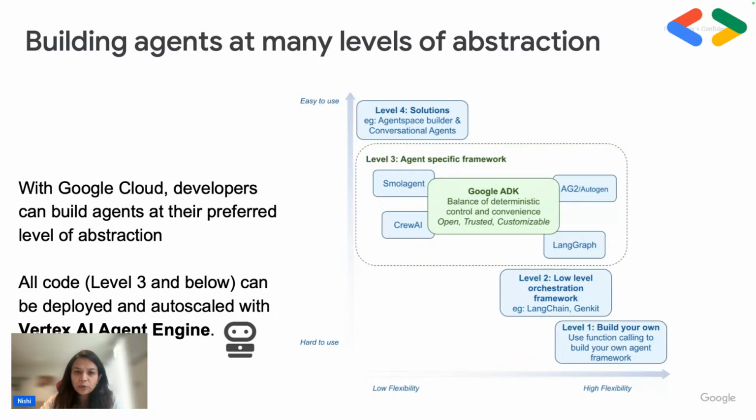There are a lot of low level orchestration frameworks available. You can use that and build your agents, or you can use agent specific frameworks like Google ADK, AutoGen, Crew.AI. You can use all of these to build agents. Irrespective of the way you are building your agents, you can deploy your agents onto Google Cloud. You can deploy it using Vertex AI Agent Engine.